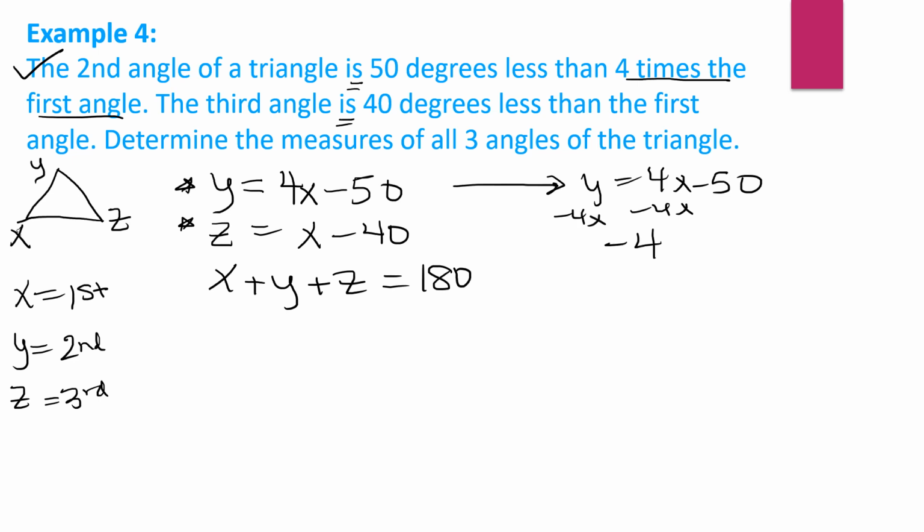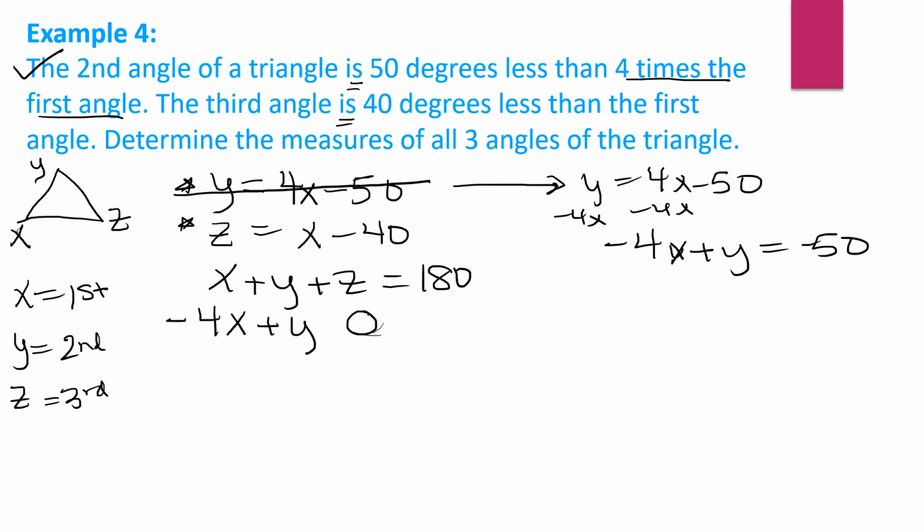So that will give me negative 4x plus y equals negative 50. Okay, so I'm going to chop that guy off and rewrite it the other way underneath. Negative 4x plus y. I don't have any z's, so you can put a 0 there as a placeholder if you need to, plus 0z equals negative 50.